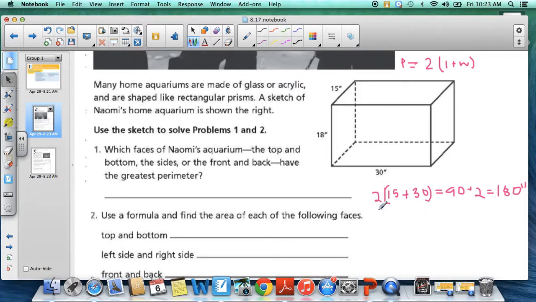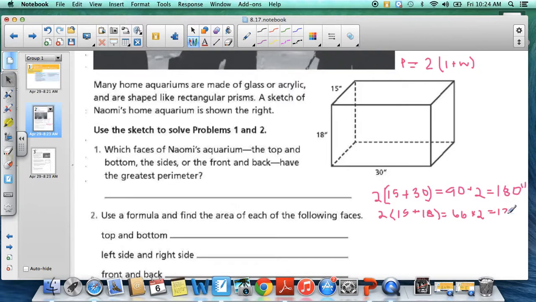So we'll just do the same thing. Our equation would start out 2 times, then the sides are 15 and 18 inches, so 15 plus 18, excuse my horrible handwriting, I'm so sorry you guys, 15 plus 18, and then that equals 66, and then we multiply that by 2 to get our grand total of 132 inches.